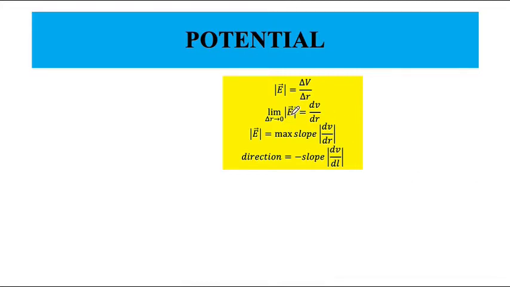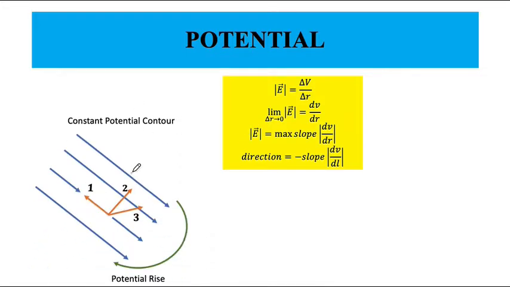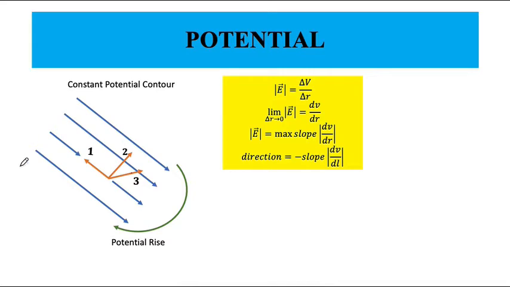That is, let's say there are two constant potential surfaces, or what we call potential contours, measured on a plane surface by some measurement method which we will not go into here. Let's say this is 10 to the power 3 volts, this is 10 to the power 2, this is 10 to the power 1, this is 10 to the power 0.